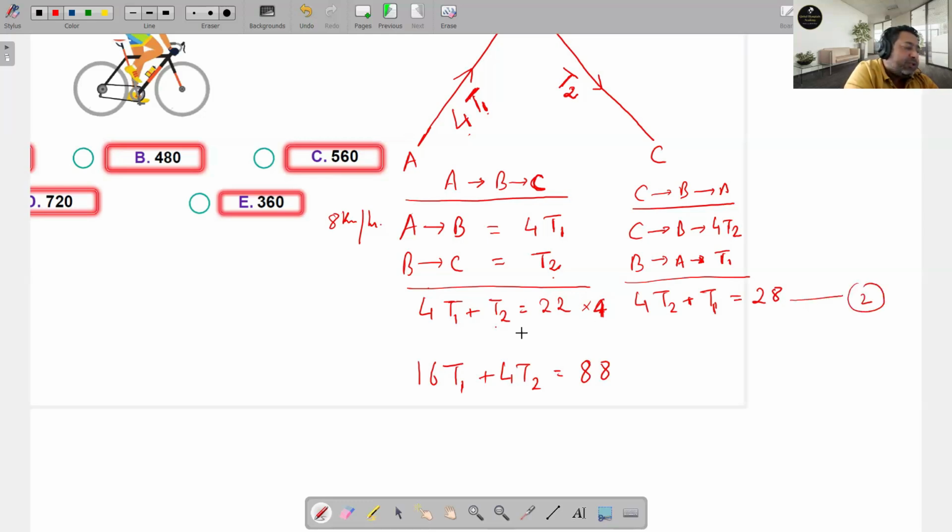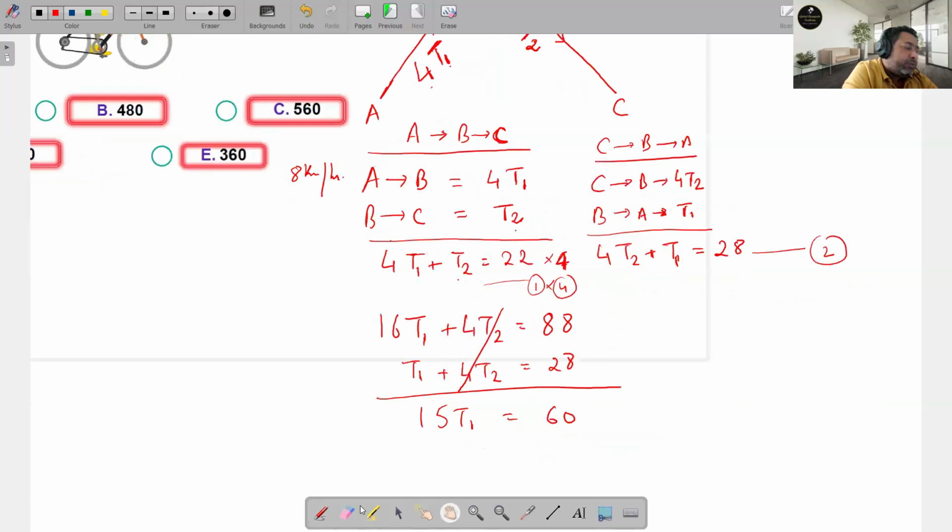We multiplied the first equation by 4 here. Now we'll subtract equation 2 from this. So we get 4t2 plus t1 is equal to 28. And when we subtract, we get rid of this. We get 15t1 is equal to 60. And therefore, t1 is equal to 60 by 15, which is 4 hours.